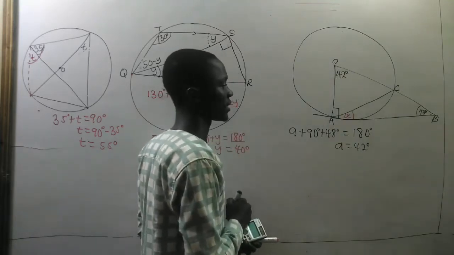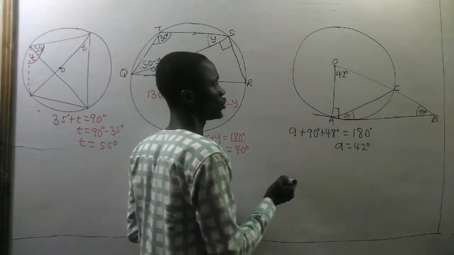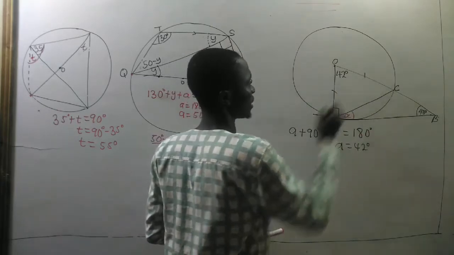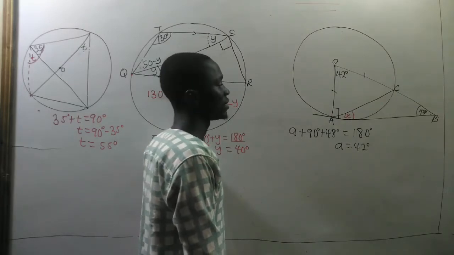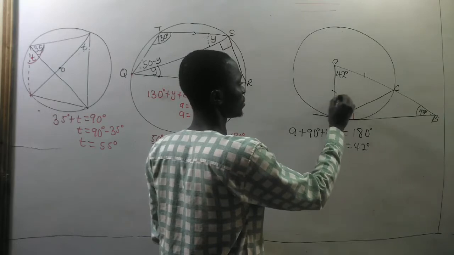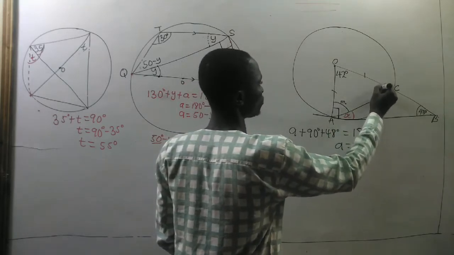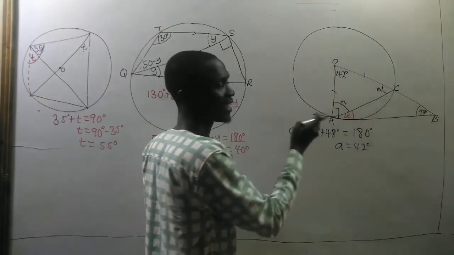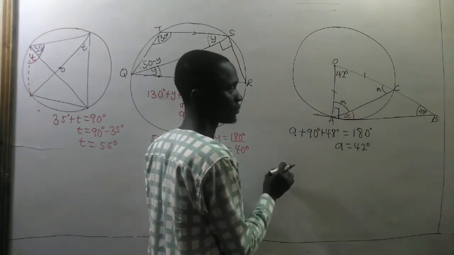Very simple as that. Now that we've found this angle, we know that OA is radius and OC is also radius. So if we put this angle to be M, this angle should also be M, because triangle OAC is an isosceles triangle and the base angles are the same.